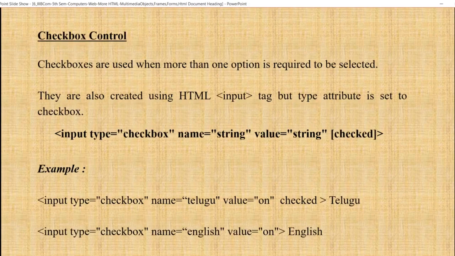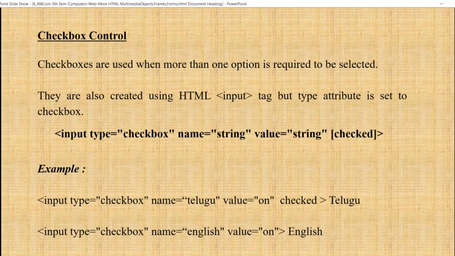Checkboxes are used when more than one option is required to be selected. For example, if I know several languages, I want to select those languages. Then I use checkbox. They are also created by using the HTML input tag, but the type attribute is set to checkbox.